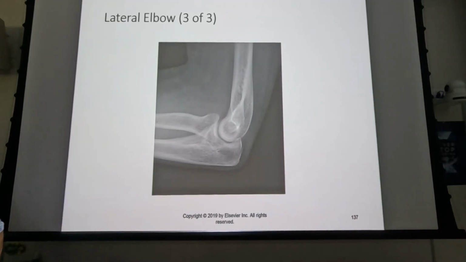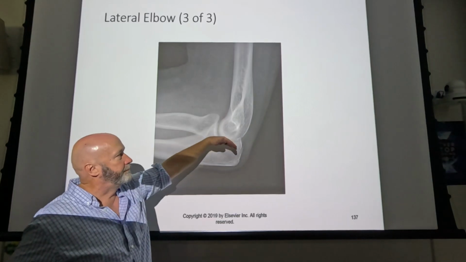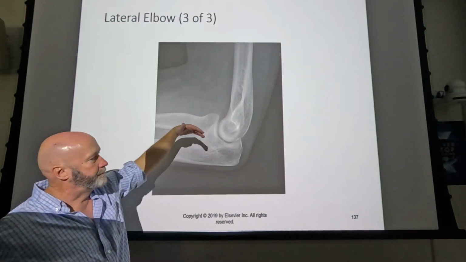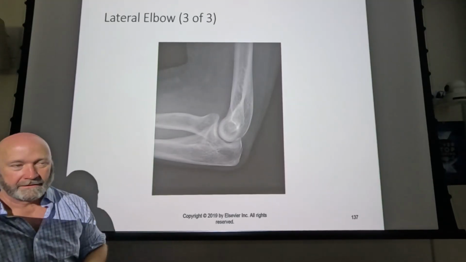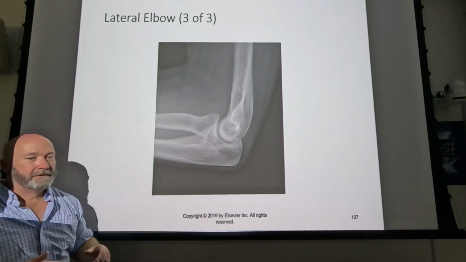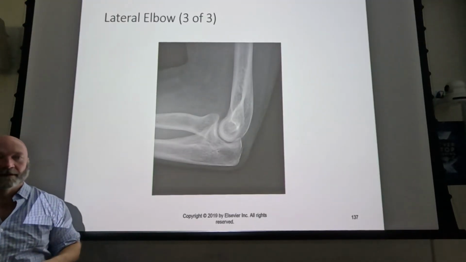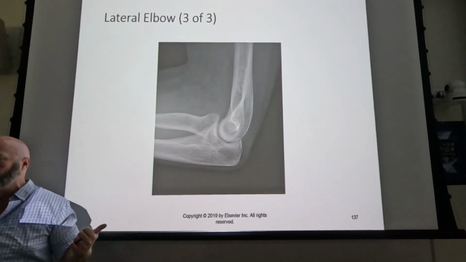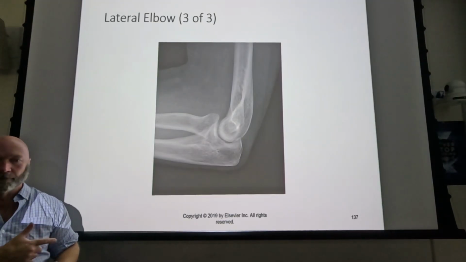So that's fractures. You can have a fracture of the radial head, distal humerus, proximal ulna, anything. But you can also have dislocations without fractures. Your mileage may vary on this, but 100% of the patients I ever had with a dislocated elbow came in a totally different presentation than somebody with a broken elbow.